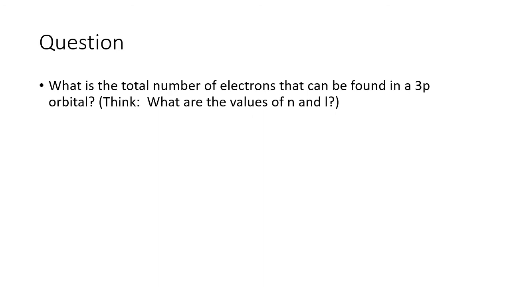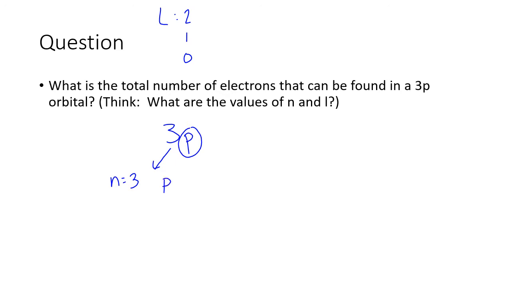What is the total number of electrons that can be found in a 3p orbital? Let's think about what the values of n and L are. It's a 3p orbital, and so that means that n is equal to 3. Now, you could say L is going to be equal to 2, 1, or 0, but the moment that you say it's a p orbital, you eliminate all of the options except for 1.